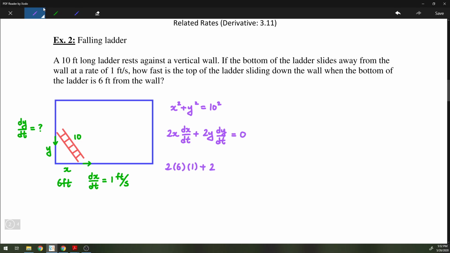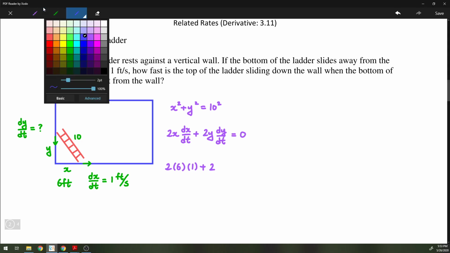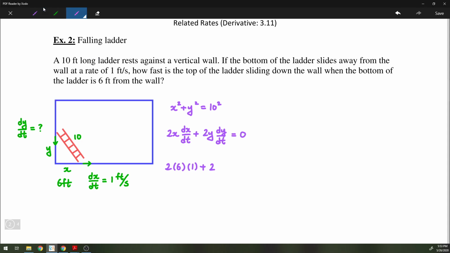Now, for the y value, when x is equal to 6, what is y equal to? We can actually find that using the relationship between x and y. We know that x squared plus y squared equals 10 squared. So if we substitute in 6 for x, we can find out what y is at that point in time.